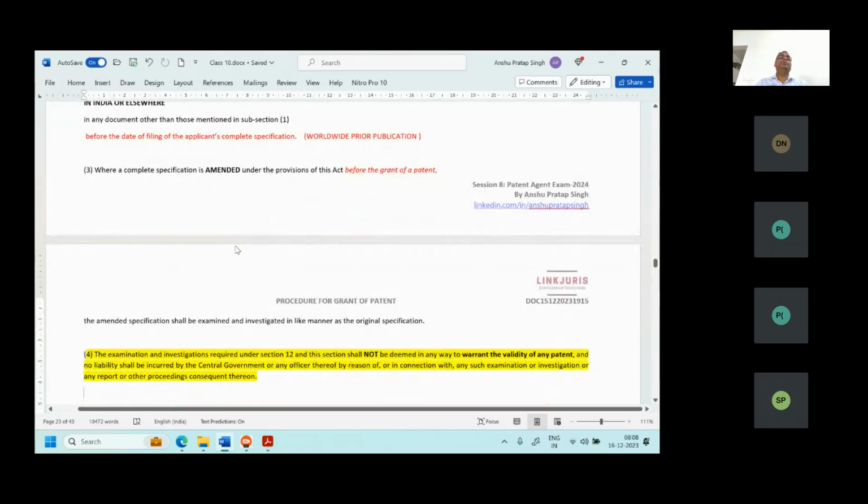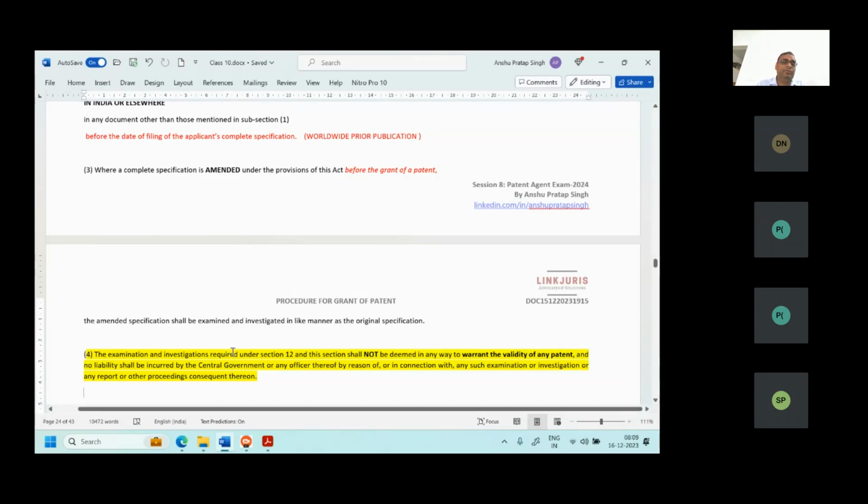Then, suppose there is a complete specification which is amended. If the complete specification is amended before the grant, then the amended specification will again get examined and investigated similarly, as the original specification is examined.